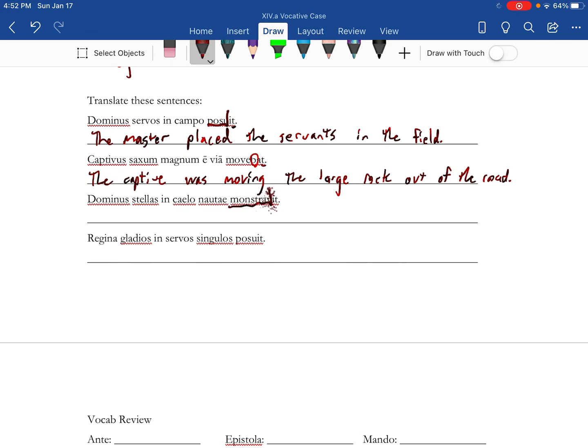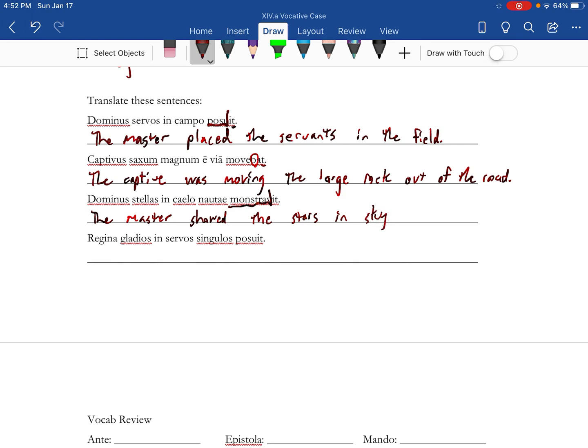Alright, we've got third principal part, so that's going to be perfect. The master showed the stars in the sky.